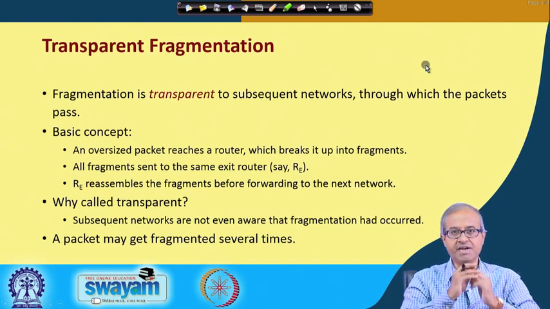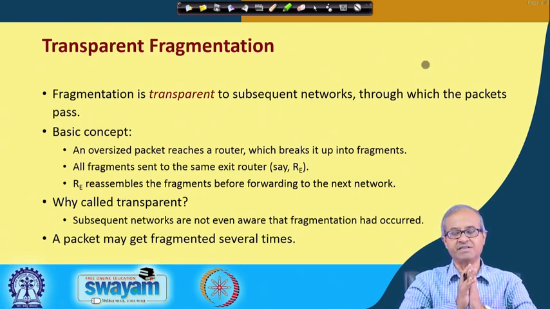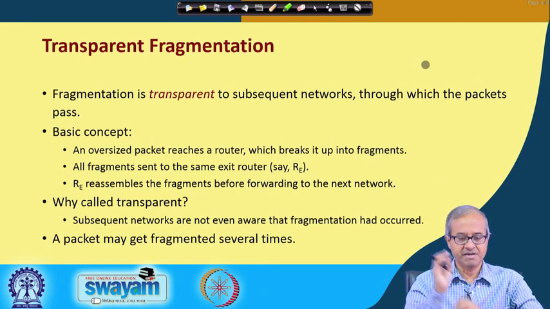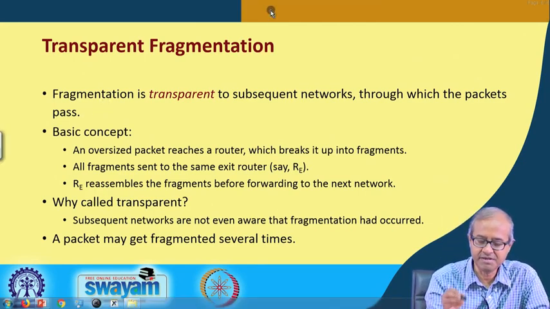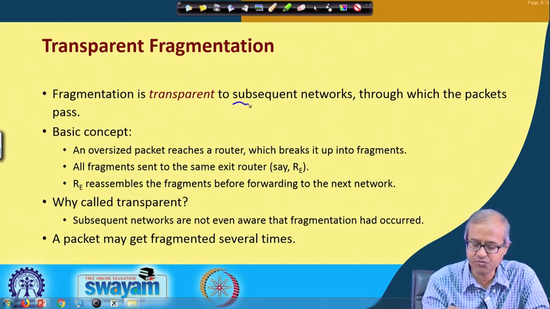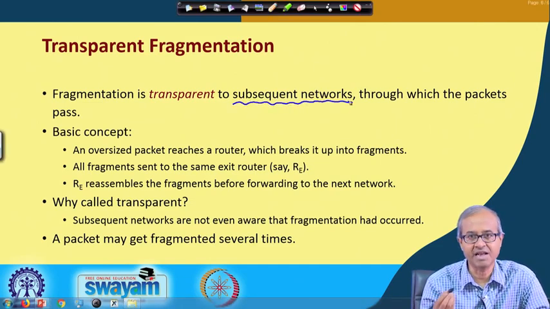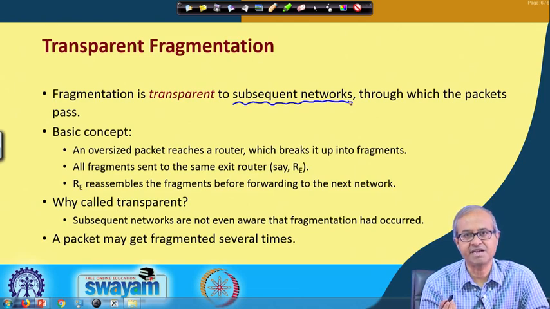So, let us first look at transparent fragmentation. Transparent means the networks do not understand that fragmentation has taken place, it is transparent. Let us see the idea. Here, whenever there is fragmentation, the subsequent network does not realize that fragmentation has taken place.